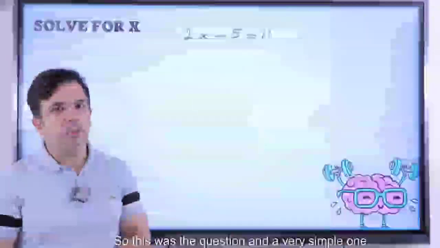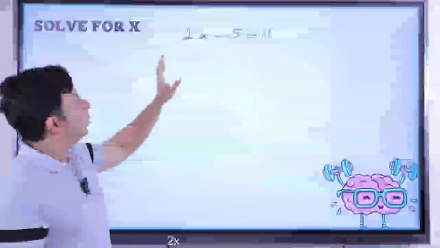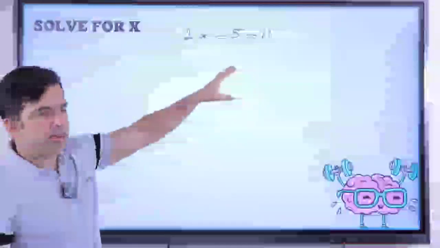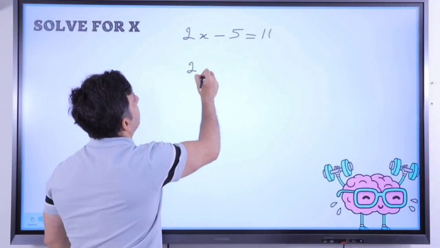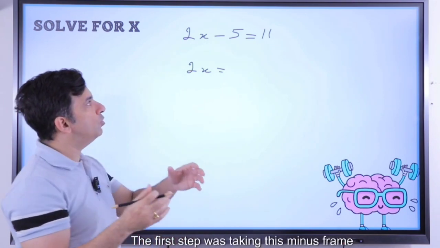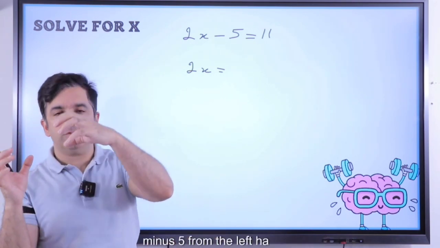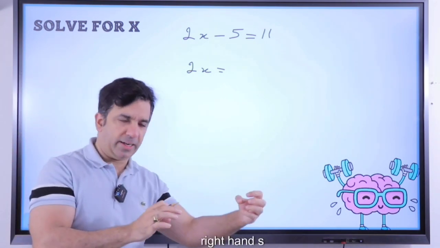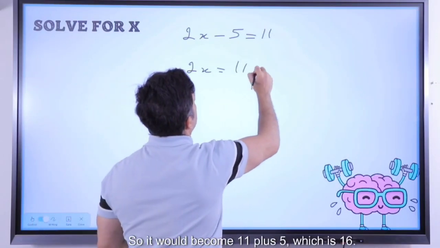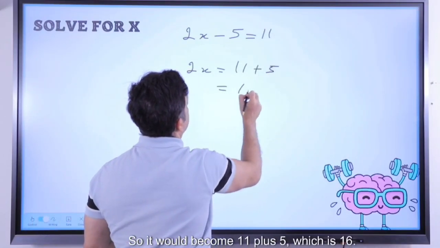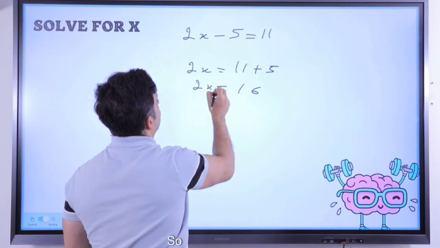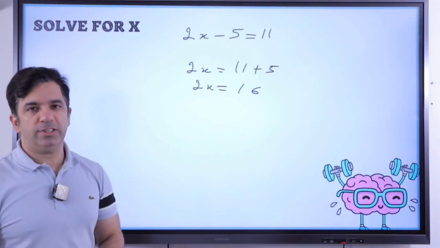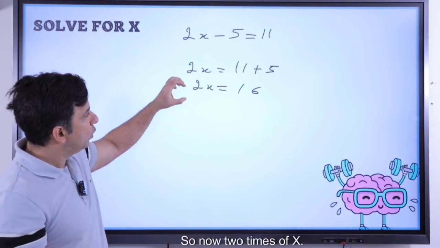So this was the question, and a very simple one. 2x minus 5 was equal to 11. We can see that the first step was taking this minus 5 from the left hand side to the right hand side. So it would become 11 plus 5, which is 16. So 2x becomes equal to 16. So now 2 times of x.